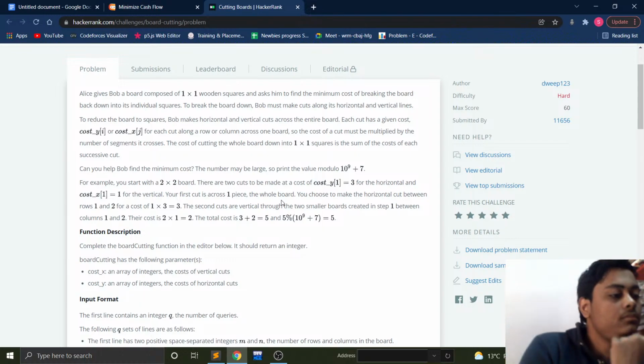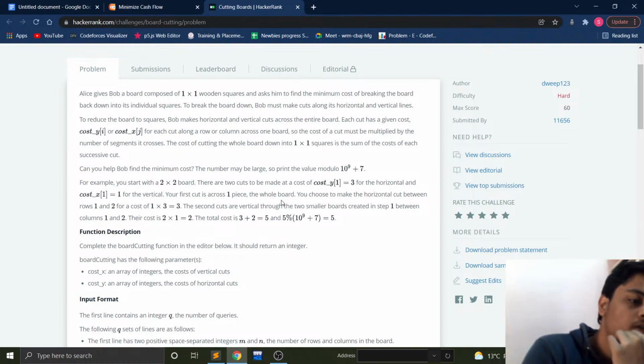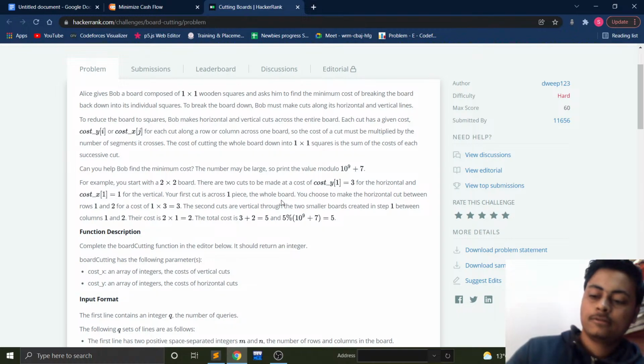Fine. For example, you start with a 2 x 2 board. There are 2 cuts to be made. Cost y is 3 and x is 1. This is 3, this is 1. Your first cut is across one piece, the whole board.